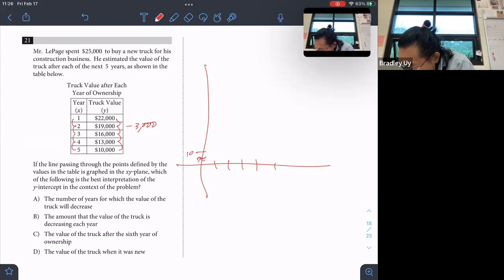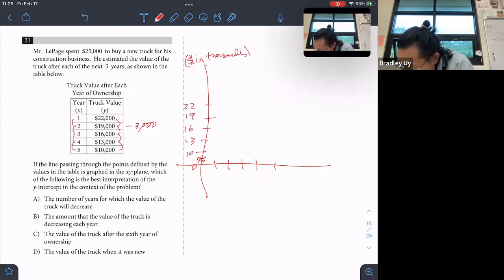Okay, so this isn't necessarily jumping from 0 to 10,000. This is money in thousands, and this represents the value of his car. This is 10, this is 13,000, this is 16, this is 19, this is 22.